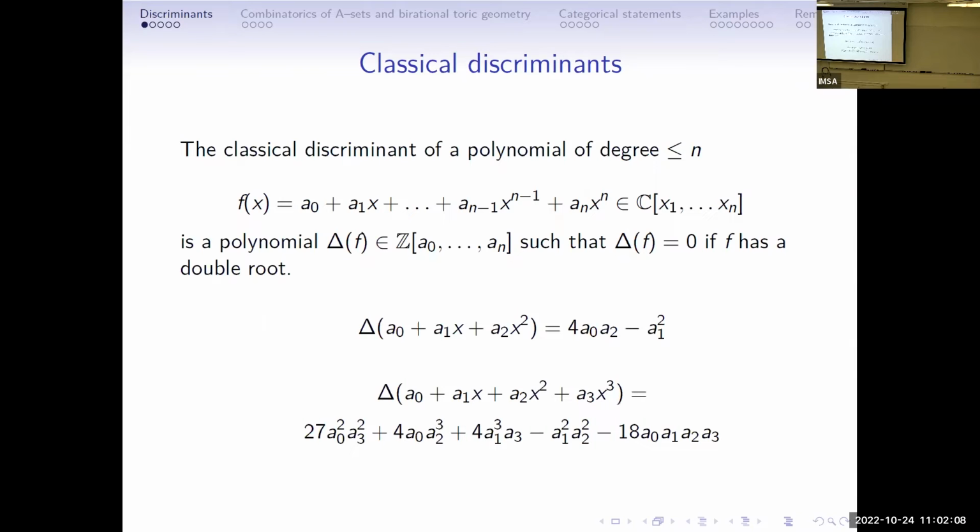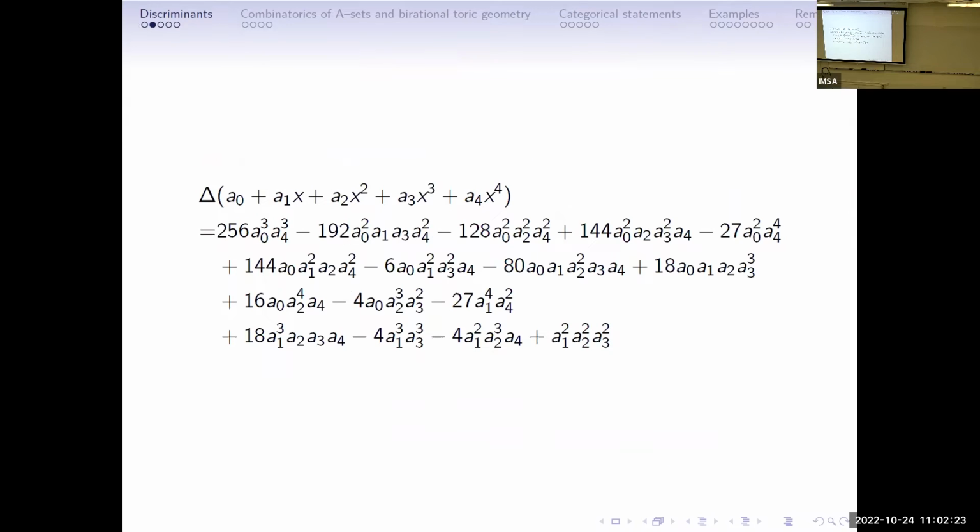So these are the ones that you compute in elementary school, maybe a little later in high school. And here is one that I'm not sure you ever compute by hand, but it's out there. In fact, there is a website where you can enter a polynomial and it computes the discriminant for you.